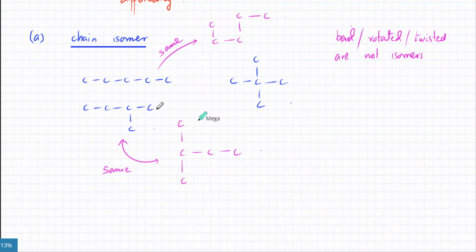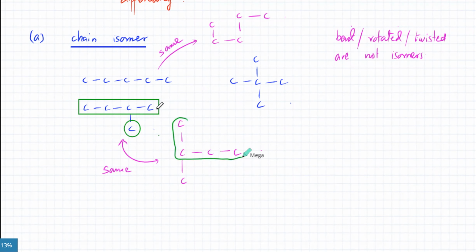There are 4 carbon atoms in a line, with 1 carbon atom coming out of that. This is exactly the same. It's 4 carbon atoms in a line, and from the second one, there's another carbon atom coming out. So do you see the similarity now?